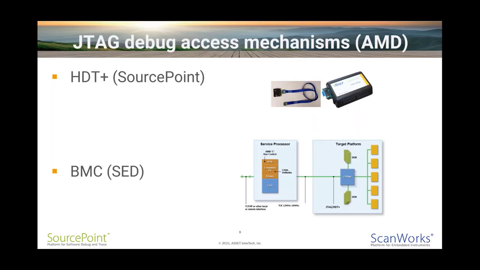Intel, on the other hand, has put a fair amount of effort into supporting a USB connection over DCI, direct connect interface, which is fairly popular on the Intel side. But Asset itself supports the HDT Plus connection via that ECM XDP3E hardware probe.